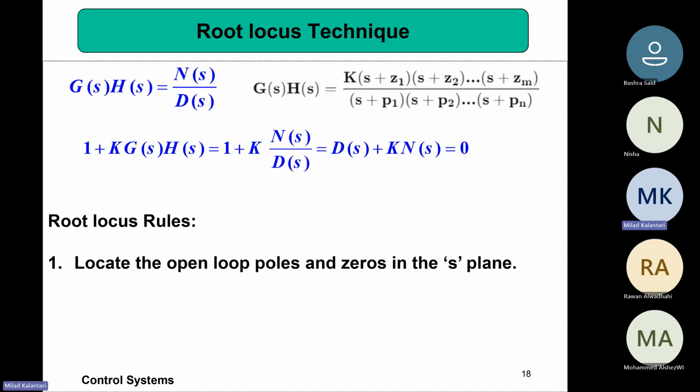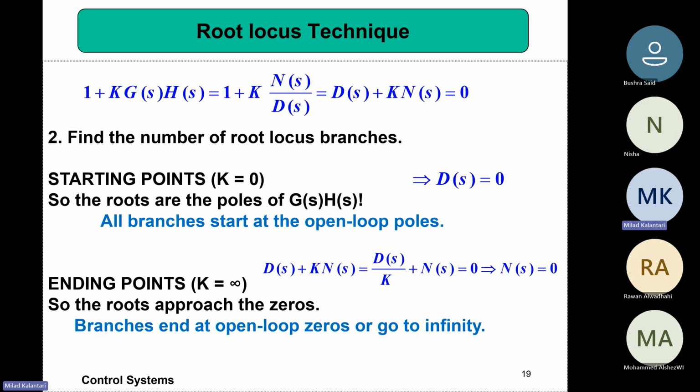And then what we try to solve is, in fact, first of all, we know that k equal to 0 means the loop is open, basically, right? The poles of the system are basically at the open loop poles.